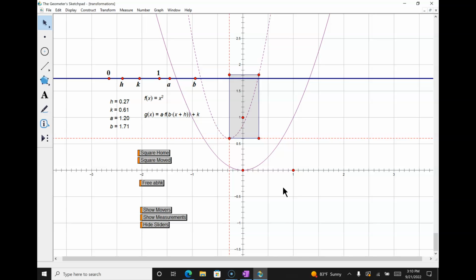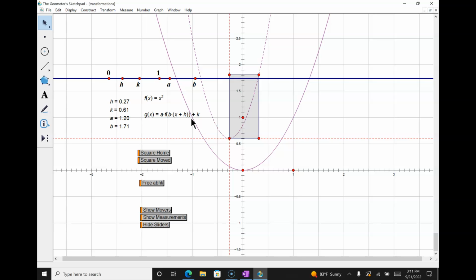So what's my mother function here? Yeah, x squared is the mother function. And you see here I have this crazy thing happening where I'm multiplying on the outside, multiplying on the inside, shifting left or right, shifting up or down.